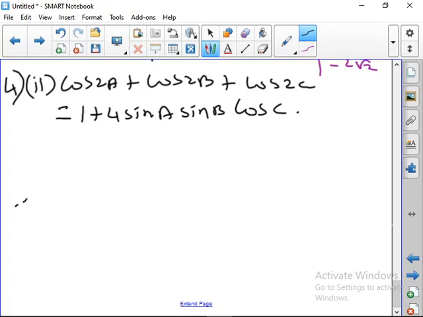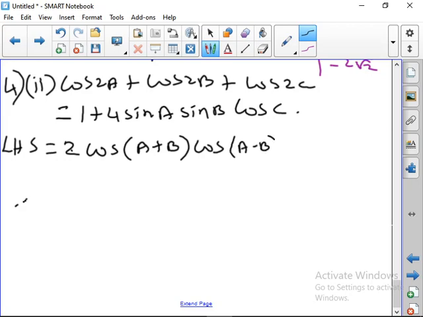So how to prove it? Take the left hand side. So left hand side is cos c plus cos d. So we can write it as 2 cos, I'll make it simple, 2a plus 2b by 2. So it gives you a plus b. Then cos of 2a minus 2b by 2. So it gives you a minus b.